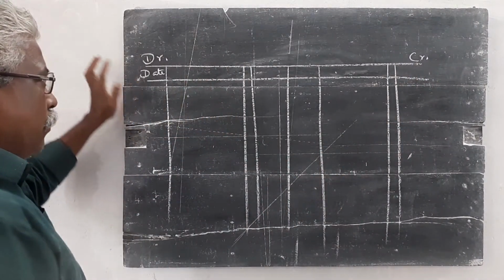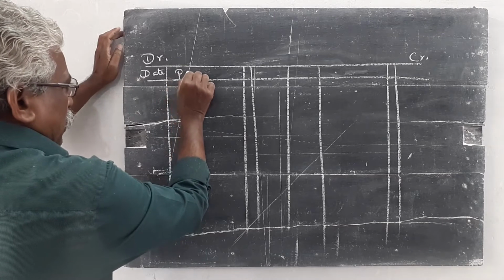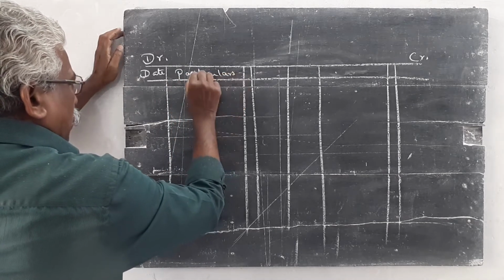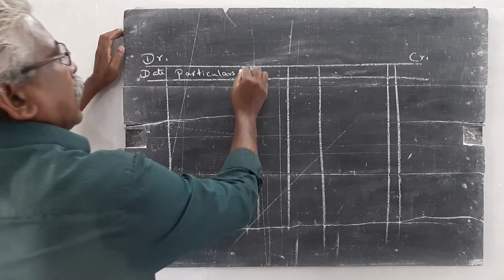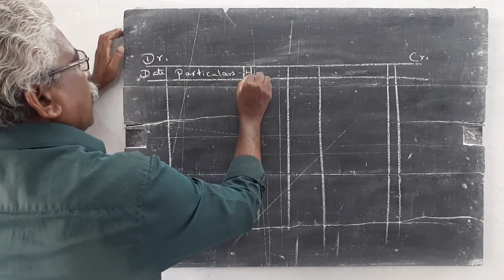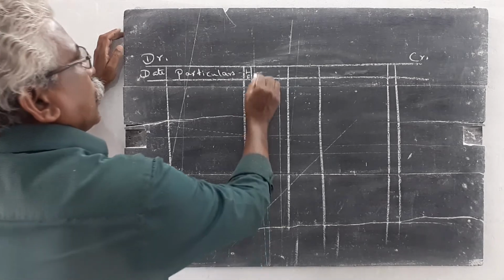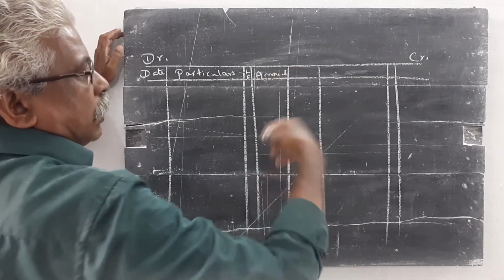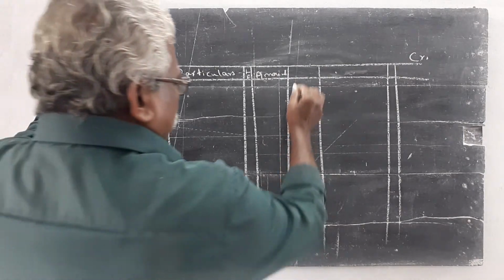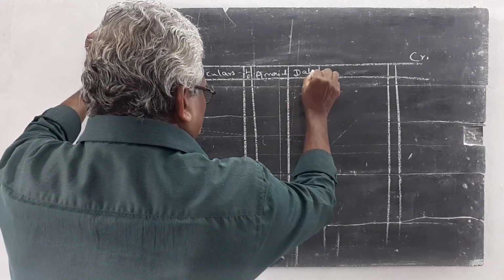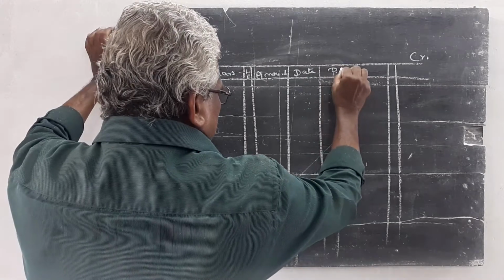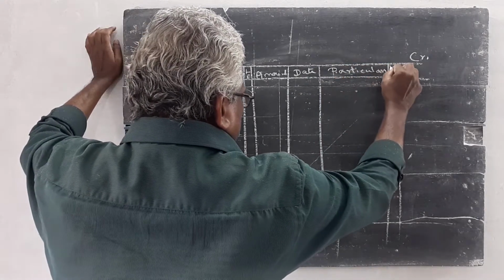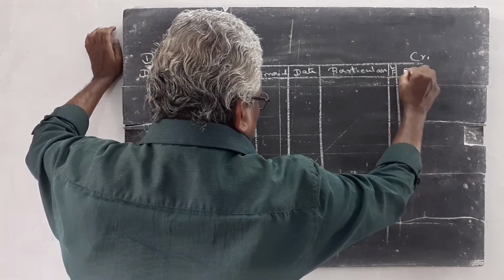Here the date column, the next column is the particulars column, then here the ledger folio. LF means ledger folio. Here you write the amount. Then on the right hand side also date, particulars, ledger folio, amount.